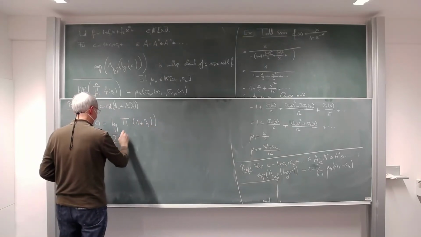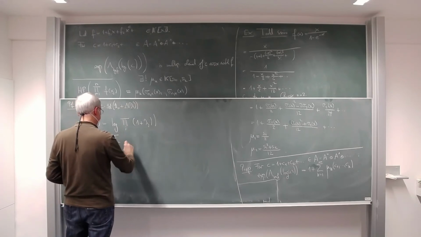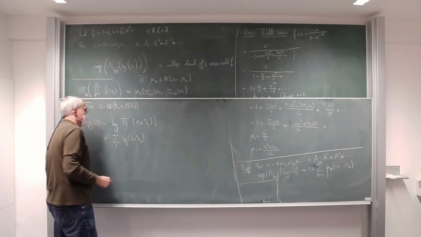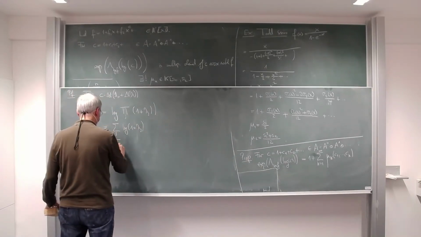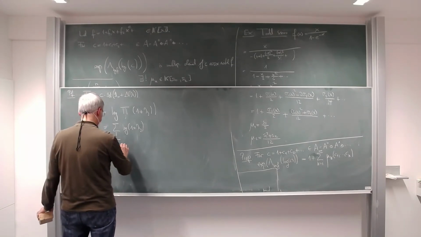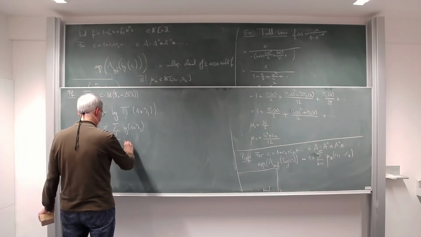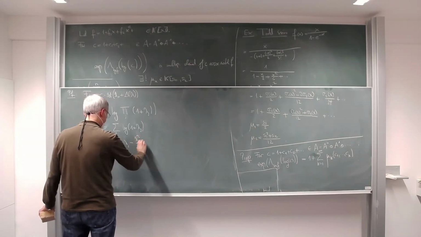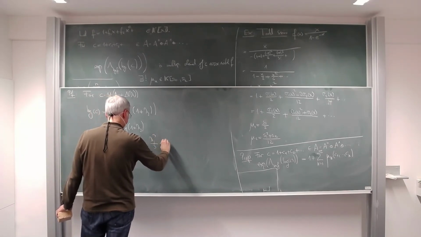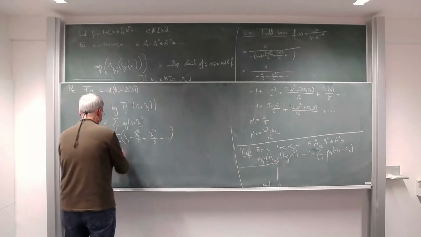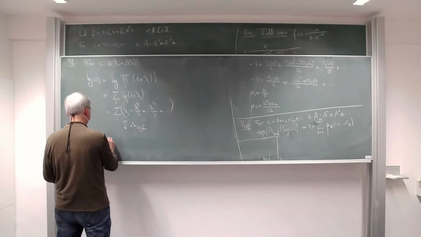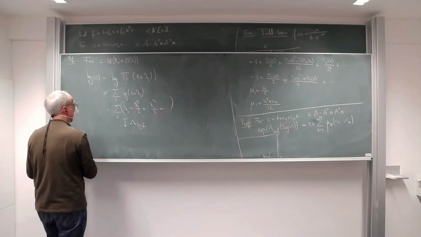So as before, this is the sum of the logarithm series, log of 1 plus lambda j, which is the sum of lambda j minus lambda j squared over 2, etc. That was the series I had before. Now let's apply the endomorphism associated with log f to it.